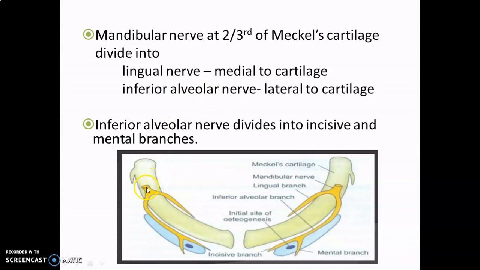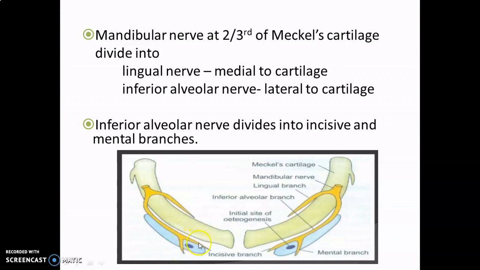You can see the mandibular nerve here, which is dividing into the inferior alveolar nerve and lingual nerve. The mandibular nerve, I told you, is the first structure to be present in the mandibular arch. And again, the inferior alveolar nerve is getting divided into incisive and mental nerves, incisive branch and mental branches.